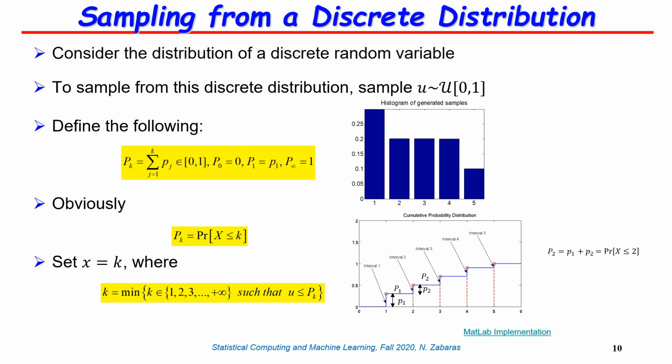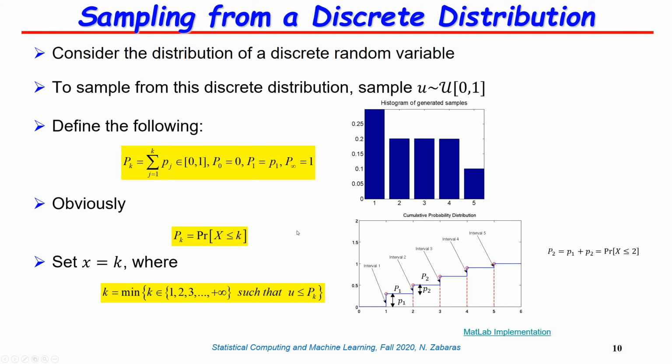All right? So again, I am going to sample a u from 0 to 1, and then I'm going to define as my sample the state k for which u is less or equal to capital P of k.